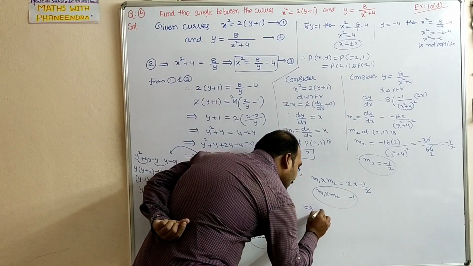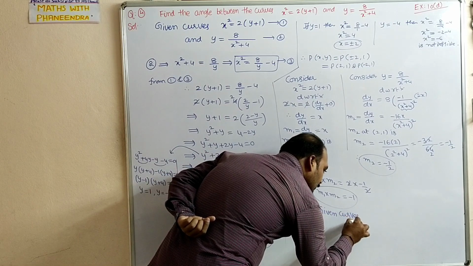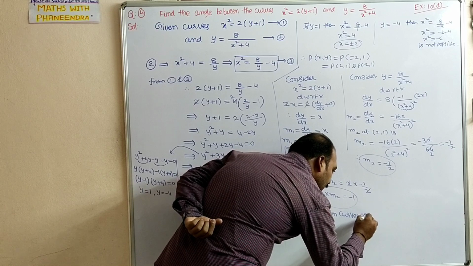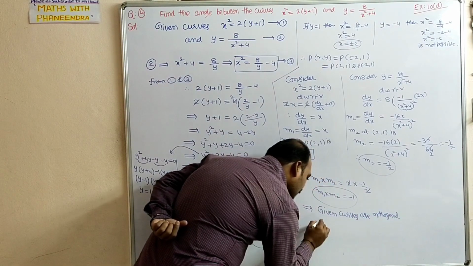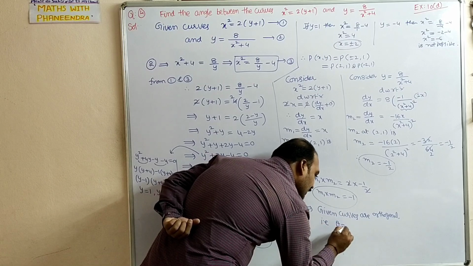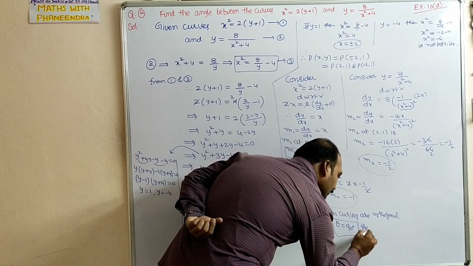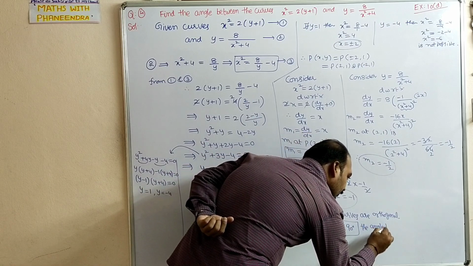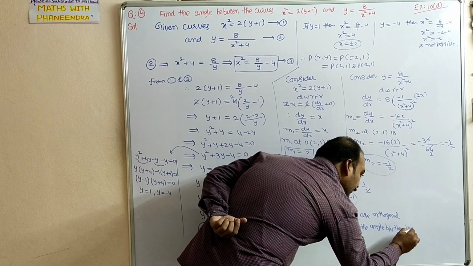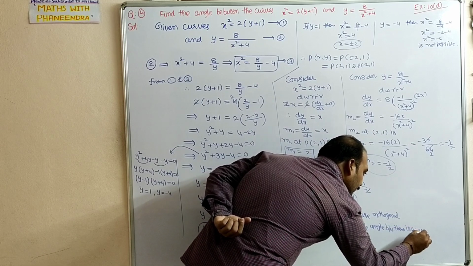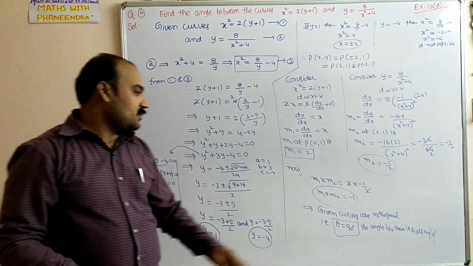That implies given curves are orthogonal. That is, the angle between them is a right angle.